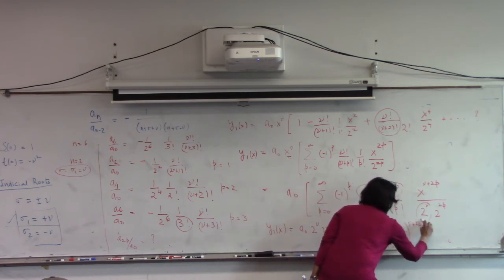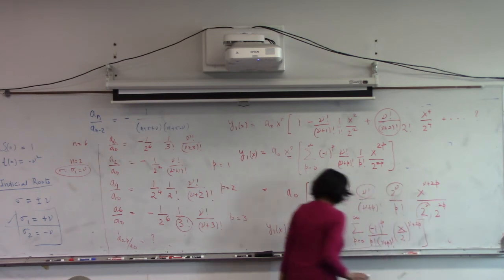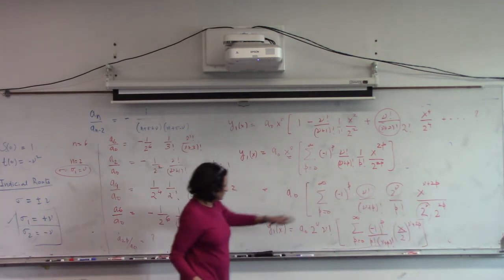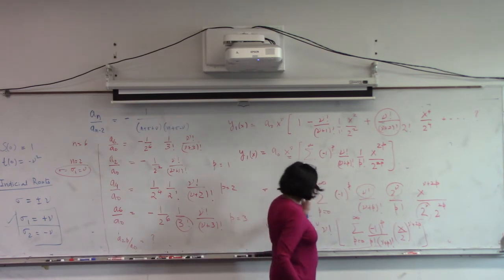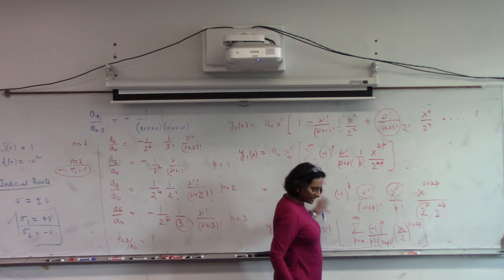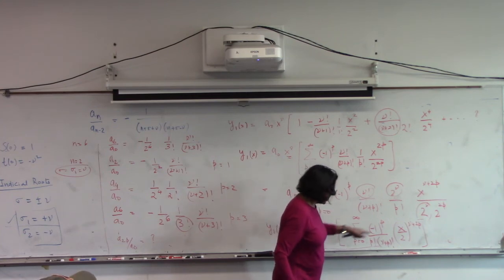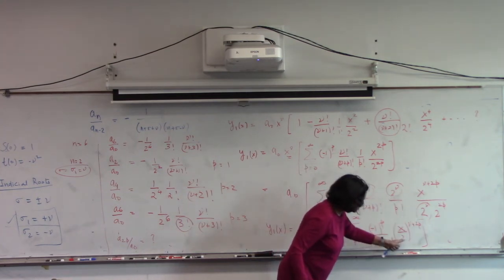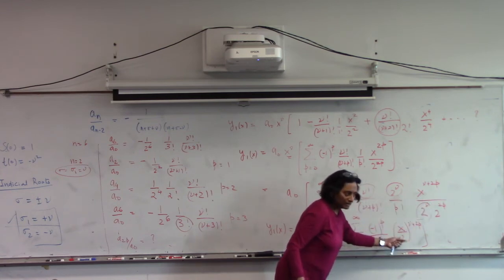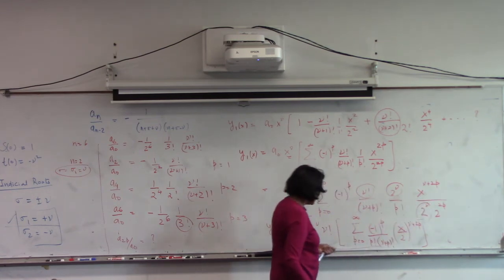I can write it like this. This I pulled out. This also I pulled out because it doesn't depend on p. And I have x over 2 to the power of nu plus 2p because I just combined them. So I can write it in a nice form like this.